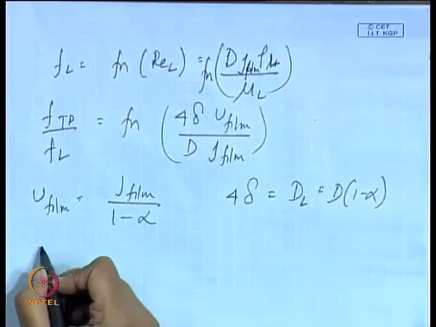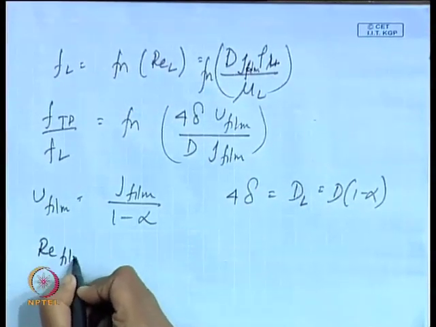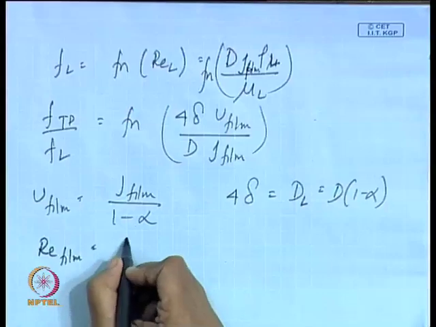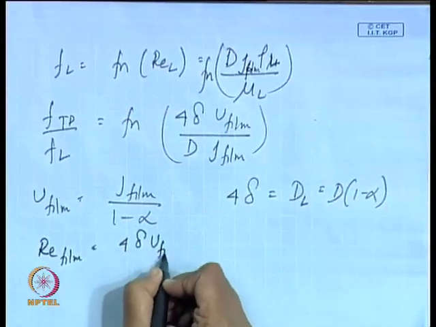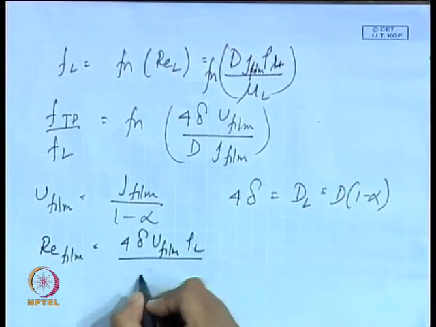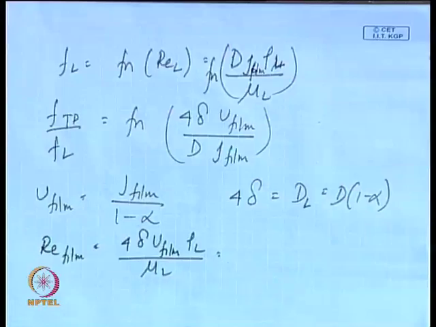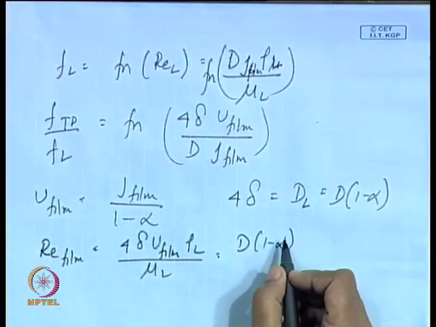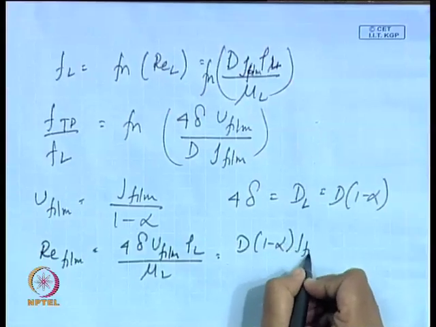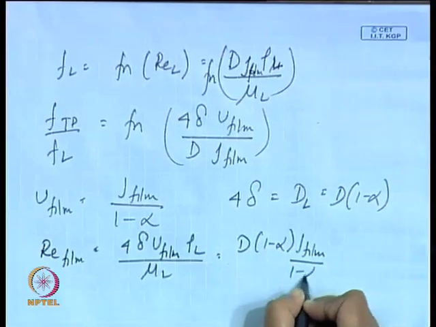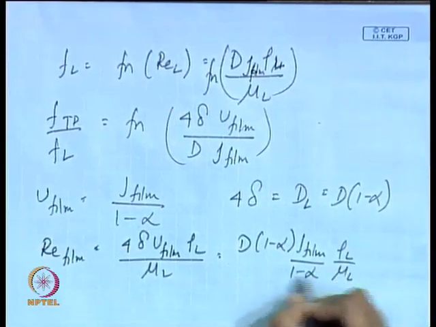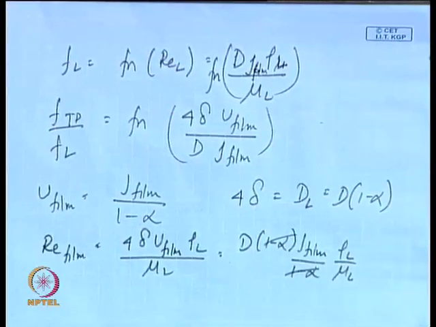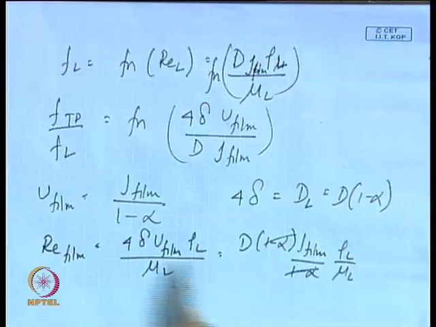We find that then RE film is equal to 4 delta U film rho L by mu L. So, instead of this 4 delta, I can write d into 1 minus alpha, and instead of this U film, I can write J film by 1 minus alpha rho L by mu L. Can I write this, yes or no? Can I write 4 delta as d into 1 minus alpha, U film as J film by 1 minus alpha?